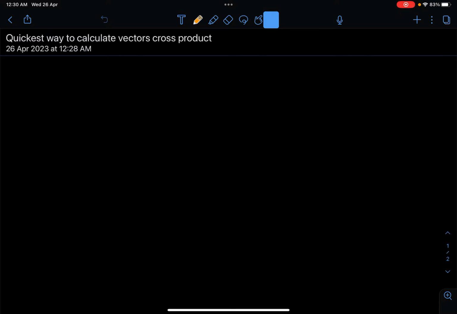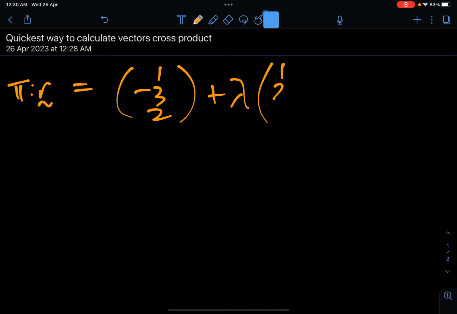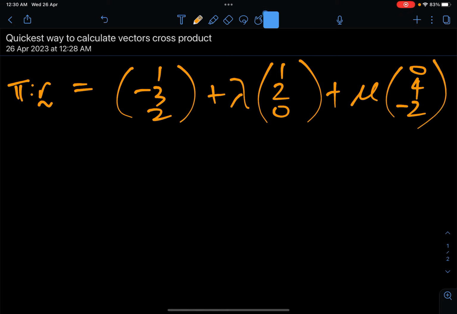Hello, hi. In yesterday's video on the challenging question, vectors distance between two planes, I used the concept of cross product to convert the equation of a plane in this format to the r.n format by crossing these two vectors.